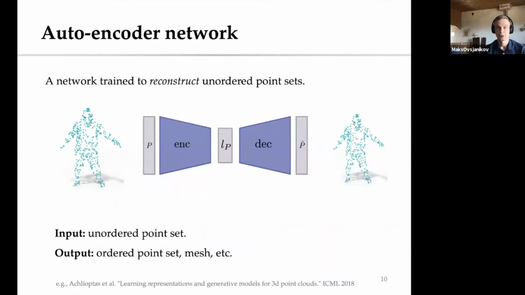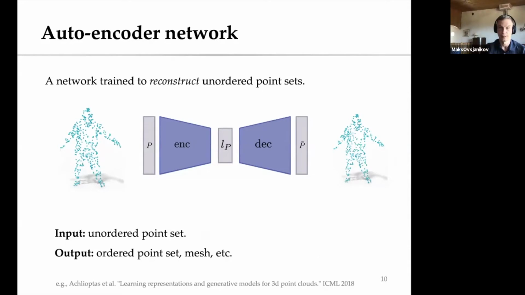So just to highlight how these learning-based methods work, I'll illustrate one particular set of approaches, but I think this also gives a general recipe that's used in other techniques as well. The idea is to construct an autoencoder network that consumes unordered point sets and produces ordered point sets.